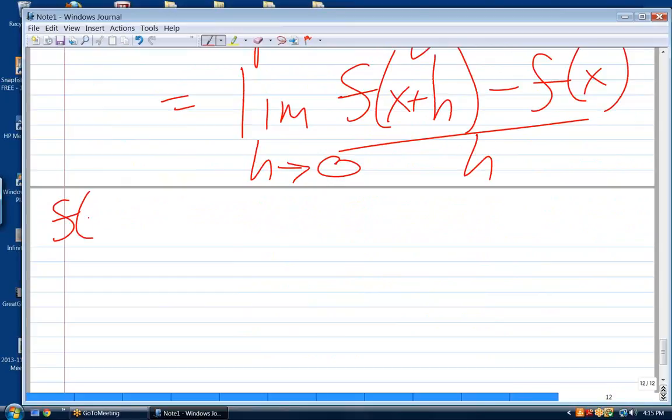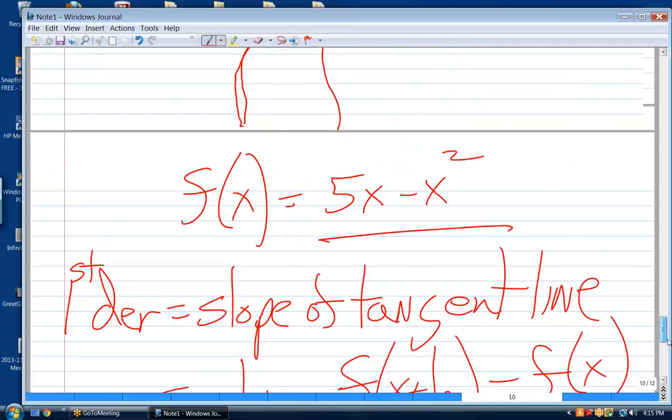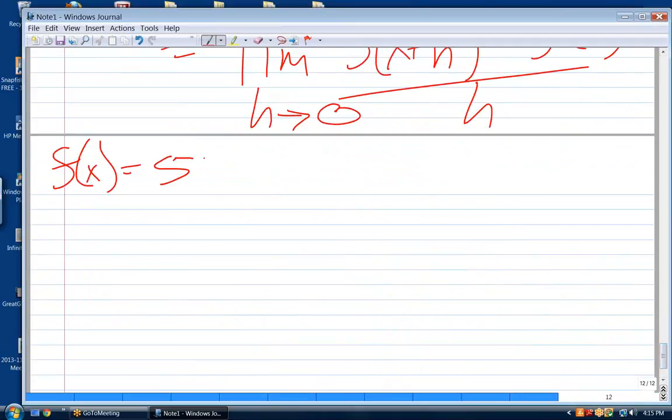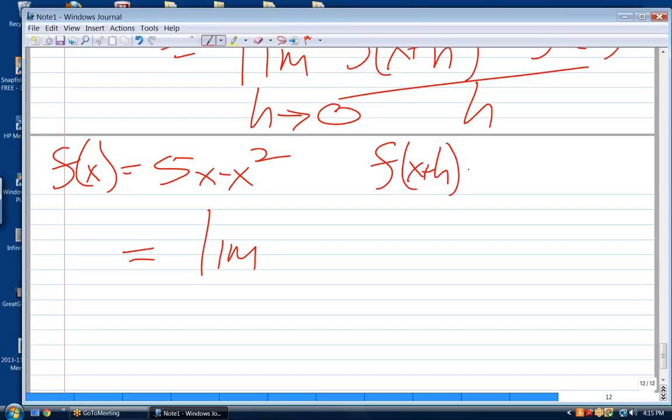Well, if f of x is equal to 5x minus x squared, then let's plug that in. So we want to know the limit of f of x plus h. First of all, what is f of x plus h equal to?